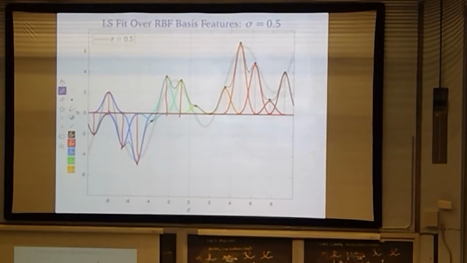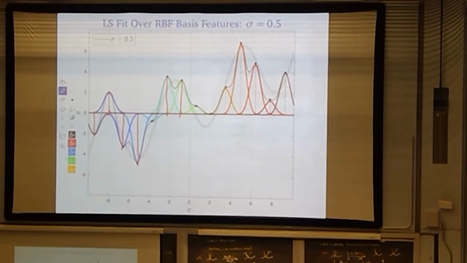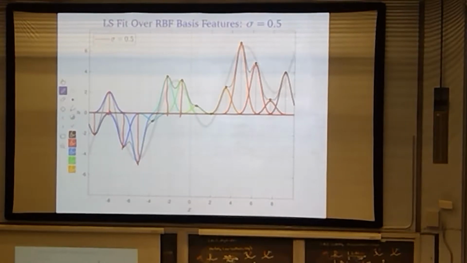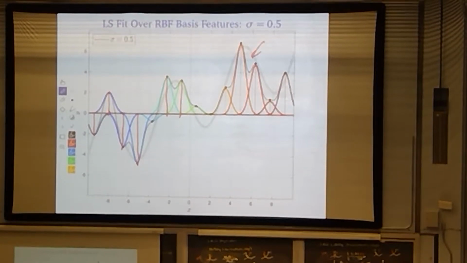And then you can see how this dotted line tries to follow this light gray underlying model, but the spread is so small that it has a lot of wiggles. For example, this area, of course the samples are very sparse, so it doesn't have enough data to suggest what happens between this point and this point, and because of the small spread of these bumps, it will create this artificial dip. Okay.